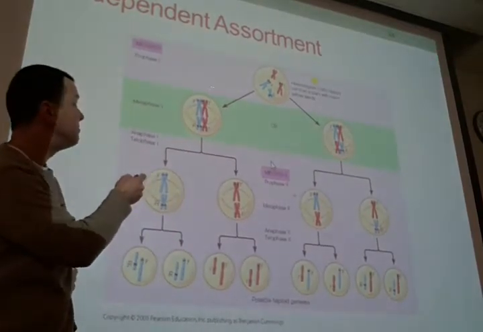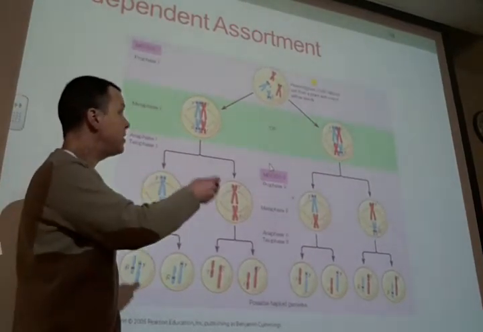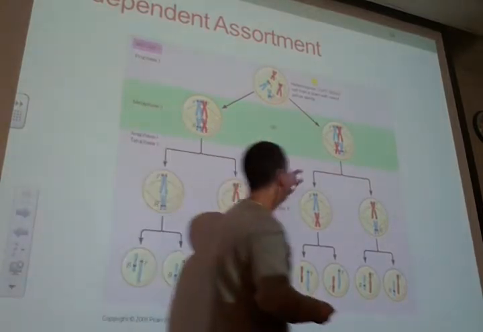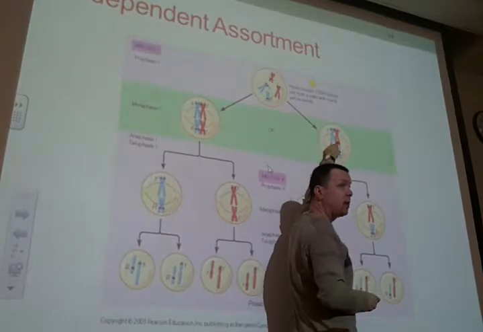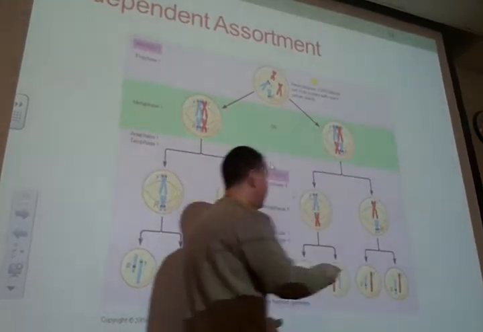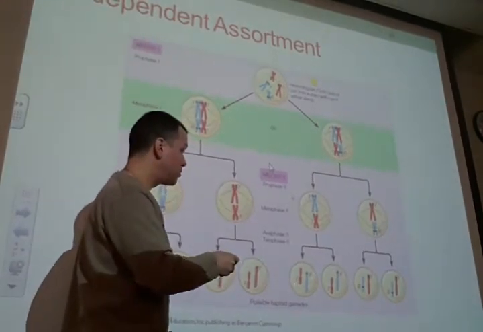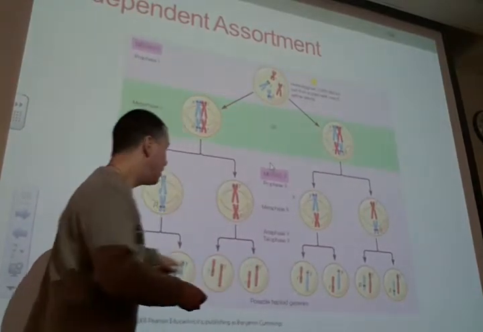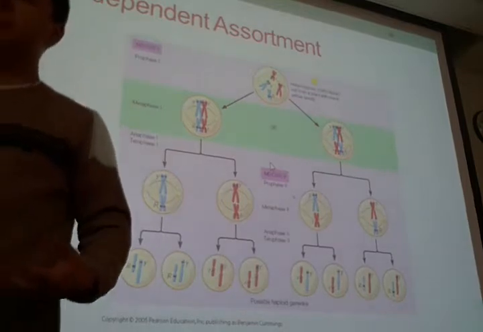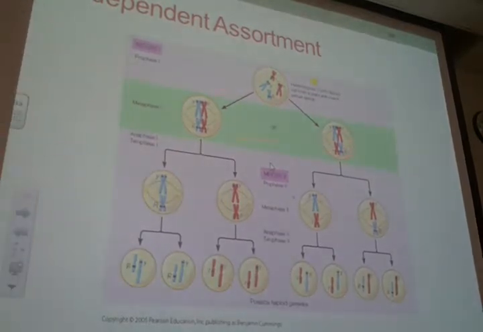But in another cell that's going through meiosis, they might have lined up this way, where the small y and the small r are on the same side, and the capital Y and the capital R are on the same side. And then we get small r small y cells and capital R capital Y cells. So that creates genetic diversity depending on how chromosomes line up along the metaphase plate.